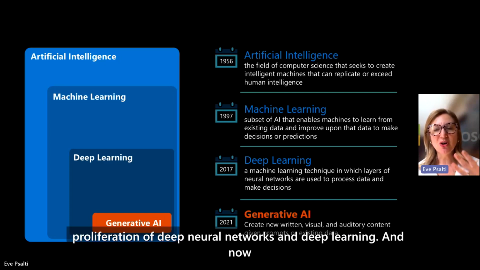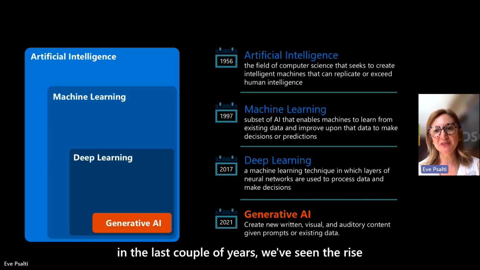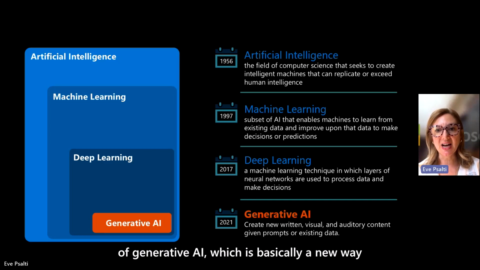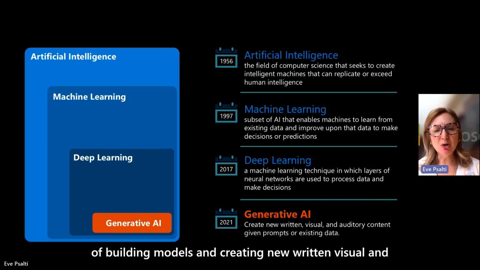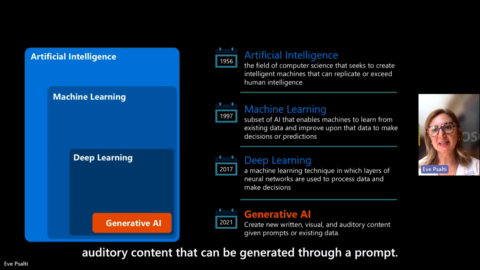Then we saw the proliferation of deep neural networks and deep learning. And now, in the last couple of years, we've seen the rise of generative AI, which is basically a new way of building more models and creating new written, visual, and auditory content that can be generated through a prompt.